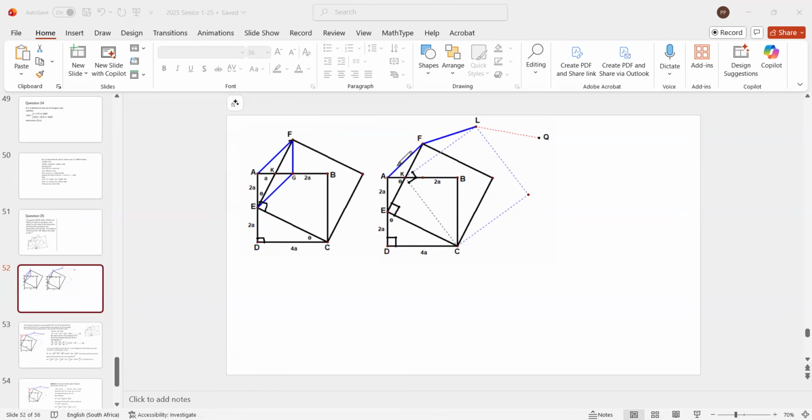And if I can calculate FA in terms of AD, then I'll be able to calculate FL in terms of FE because it's the same construction, but on a different square, right? So we'll just use that. So that is why I need to calculate FA. Right, and the calculation of FA is not very easy. Now watch. I'm going to use this diagram here.